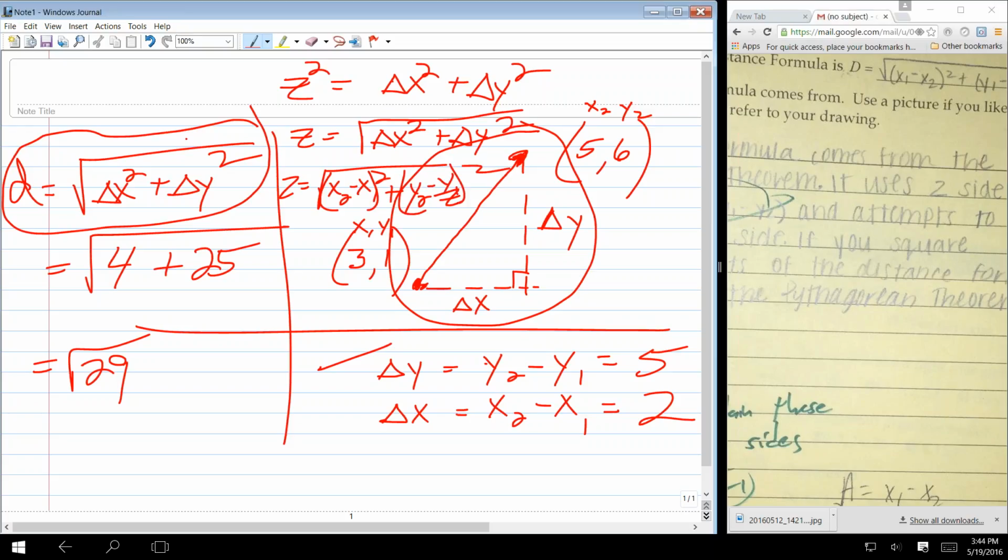Okay, but if you remember that, you can always get to the final formula. The key is to remember what the distance between 2 points is. It is the hypotenuse of a right triangle. And once you realize that, you'll always be able to come up with the answer.